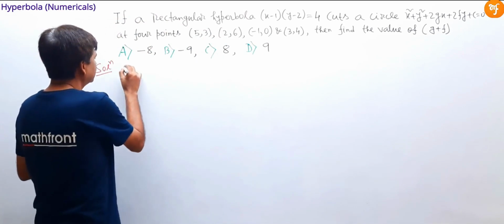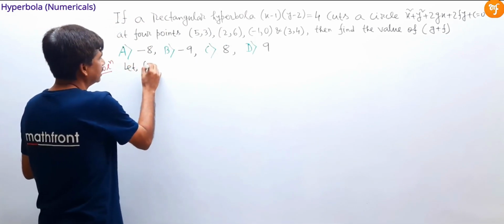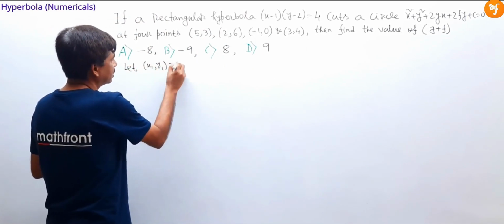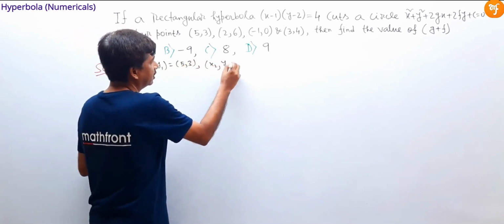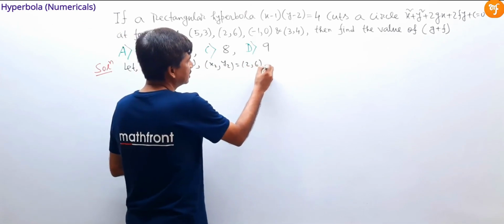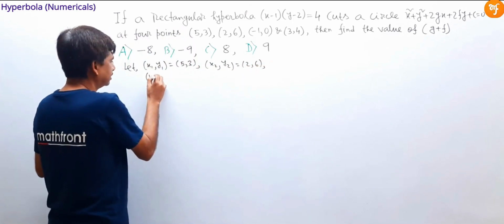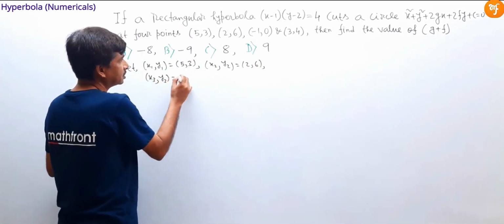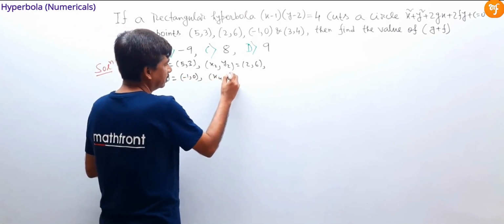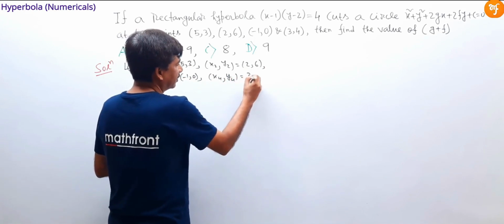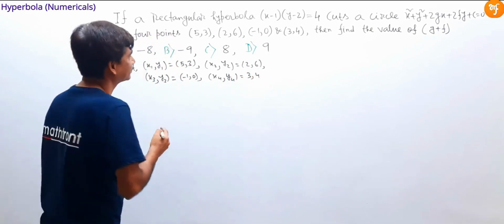So we can assume let (x1, y1) is equal to (5, 3), (x2, y2) is equal to (2, 6), (x3, y3) is equal to (minus 1, 0) and (x4, y4) is equal to (3, 4). Okay, clear?